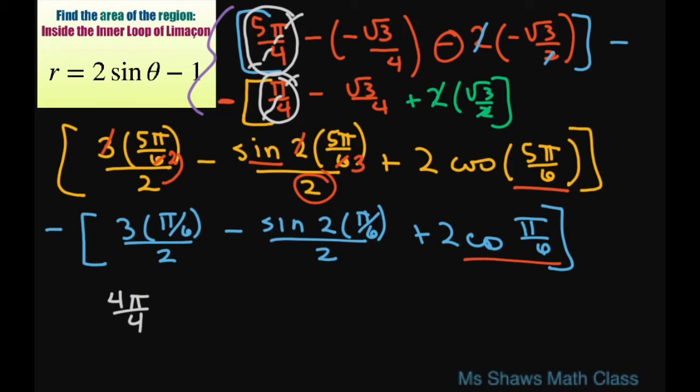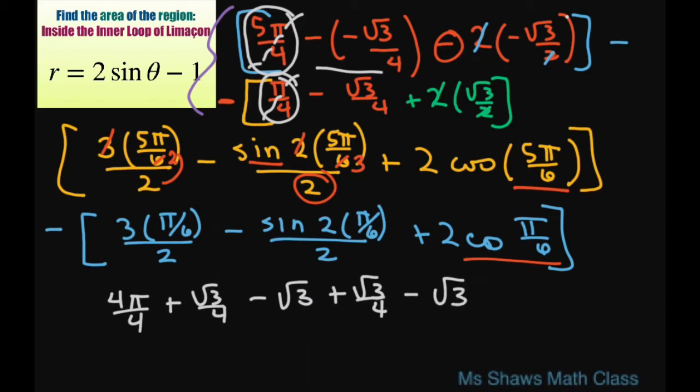Then for this piece, we're going to have plus square root of 3 divided by 4, then minus square root of 3, and then plus square root of 3 divided by 4 minus square root of 3, because you have to change the signs here.